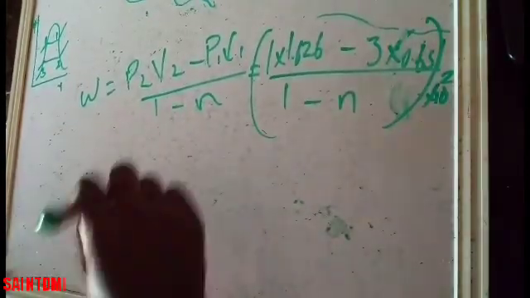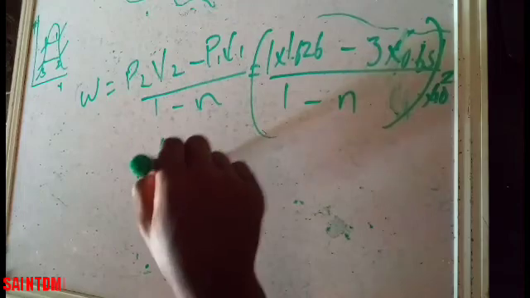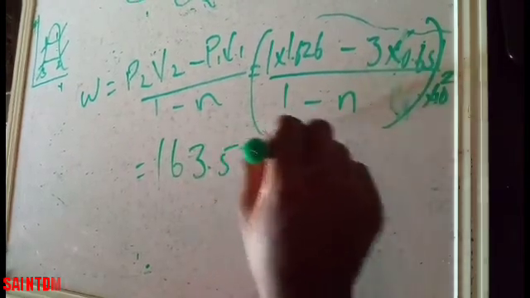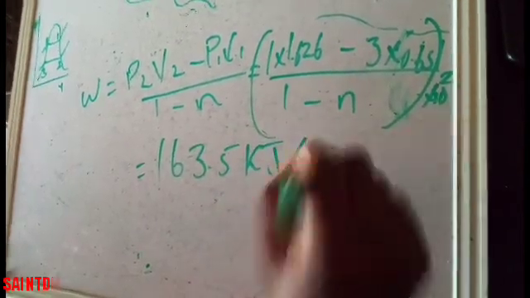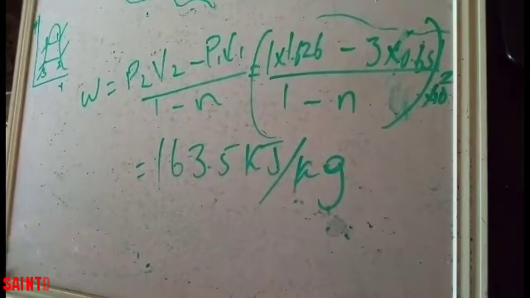So when we multiply by 10 raised to the power 2, our answer should be 163.5 kilojoule per kilogram.